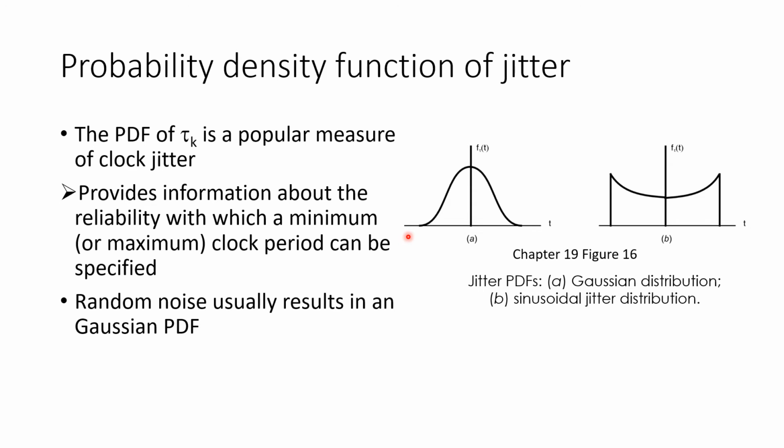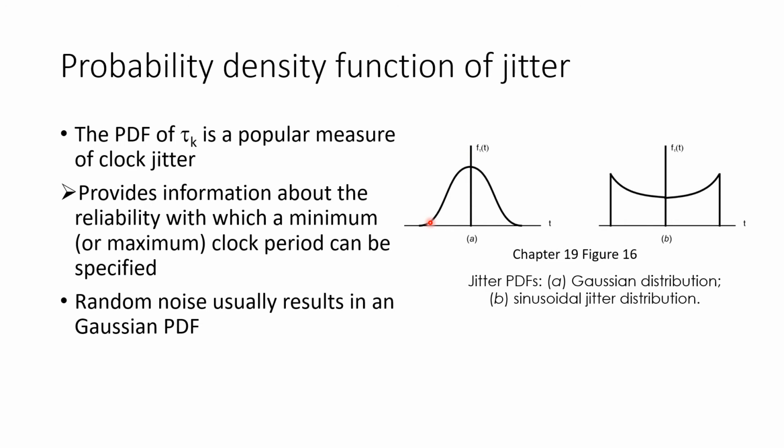Now you can have a Gaussian distribution and have phase noise that's white or phase noise that's colored. That doesn't mean that, in both cases, you can still have a Gaussian PDF of the jitter. So it doesn't really tell you much about the spectrum of the jitter or the frequency content when you look at the PDF, but it can tell you other interesting information. And again, it's relatively easy to measure this.